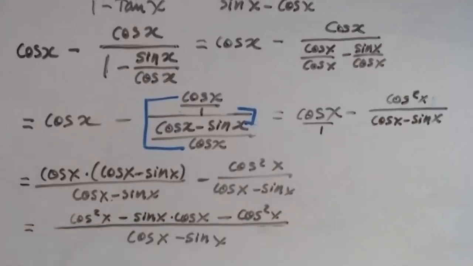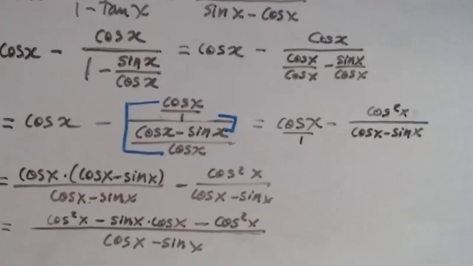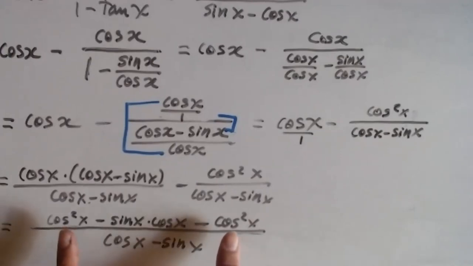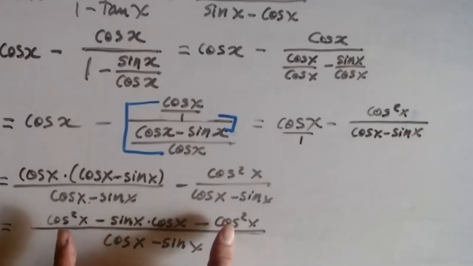Yep. Okay. Now, can you simplify something now? What's the expression? What can you simplify? Nothing here. What about here at the top? The cosine square minus cosine square, they cancel out. You see cosine square minus cosine square, these two cancel.